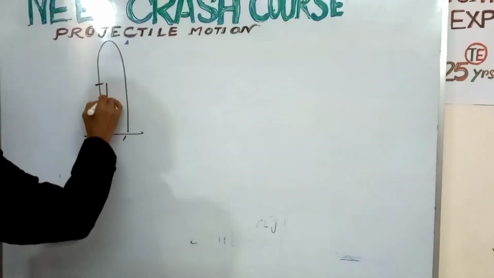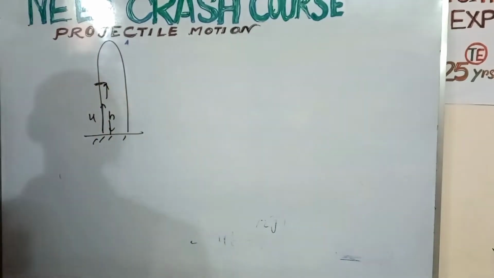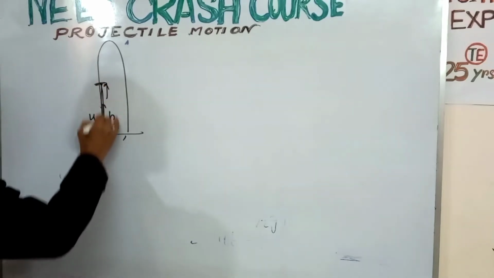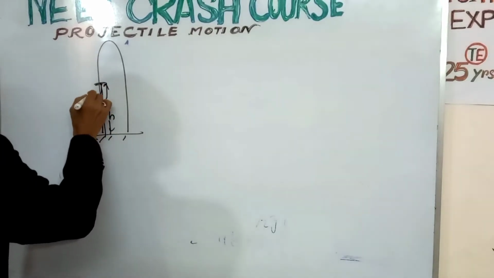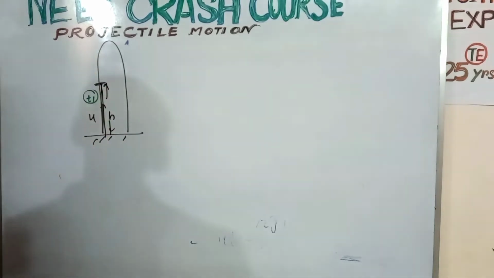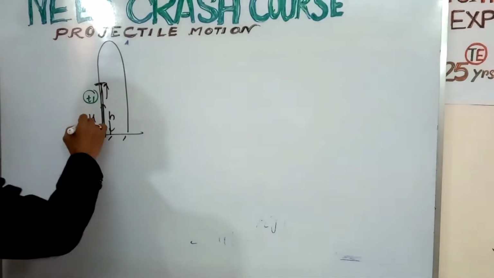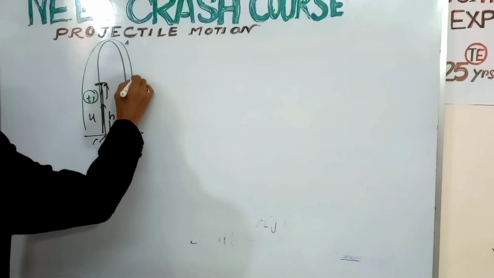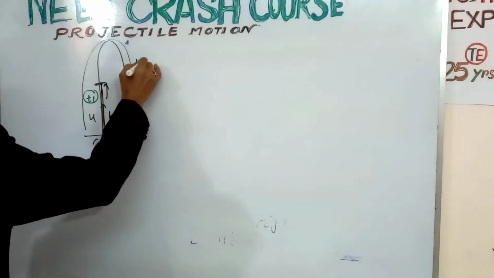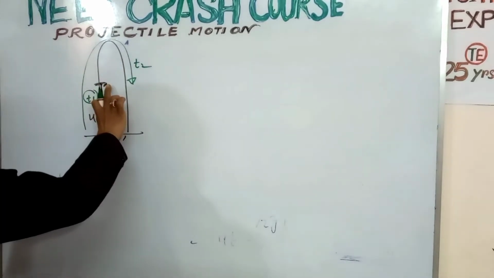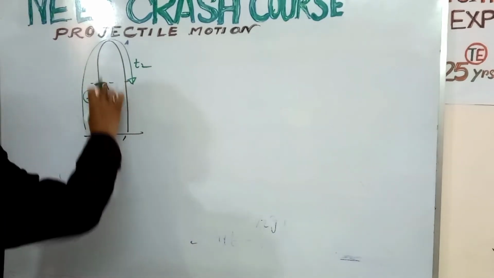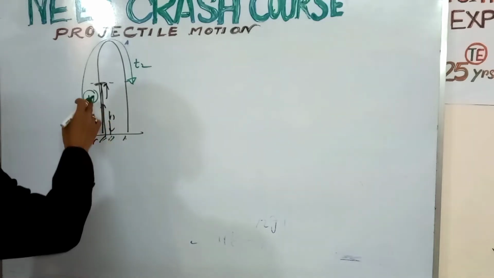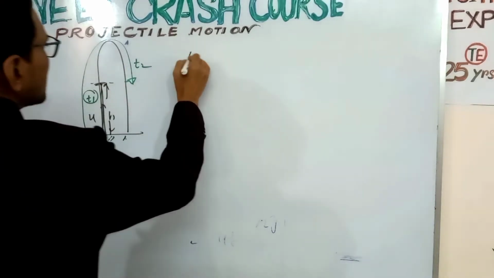A body attains a certain height h in two times: one time while the particle is ascending, and another when it descends. So in two times the body attains the same height from the ground. One is the smaller time and the other is larger, so t2 is greater than t1.